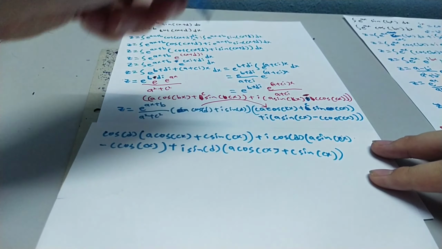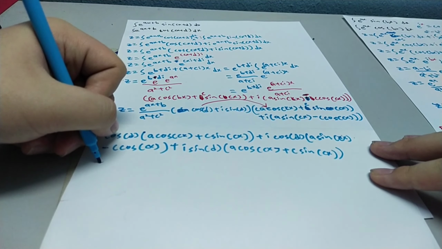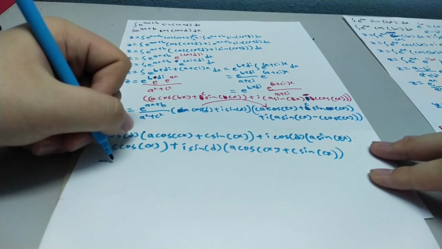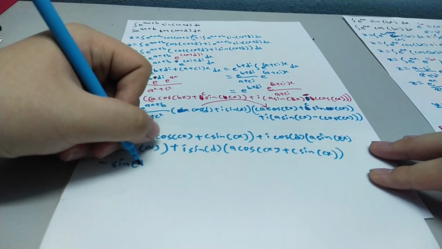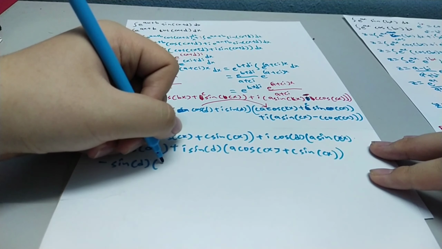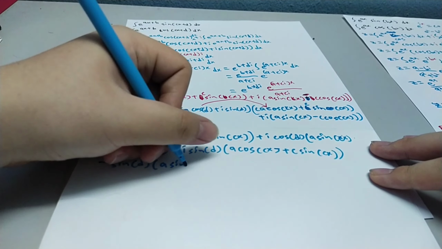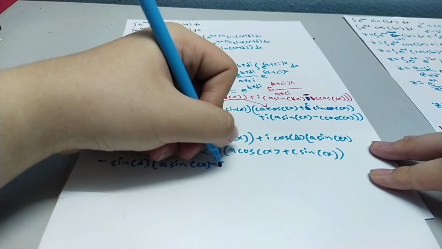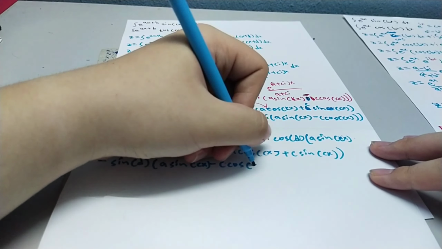And then finally, minus, because i times i, so it becomes -1 times sine of d times a times sine of cx minus c times cosine of cx.